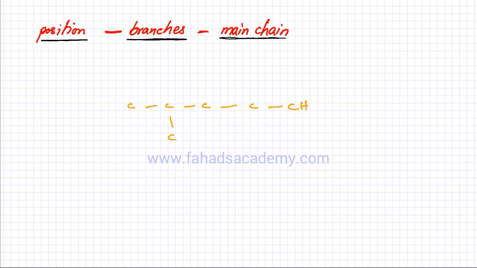Let's say there are going to be 3 hydrogen atoms with this carbon atom, a total of 2 hydrogen atoms with this carbon atom, 2 hydrogen atoms with this carbon atom, and only 1 hydrogen atom with this carbon atom. This carbon atom is going to have a total of 3 hydrogen atoms, and this carbon atom would also have a total of 3 hydrogen atoms.